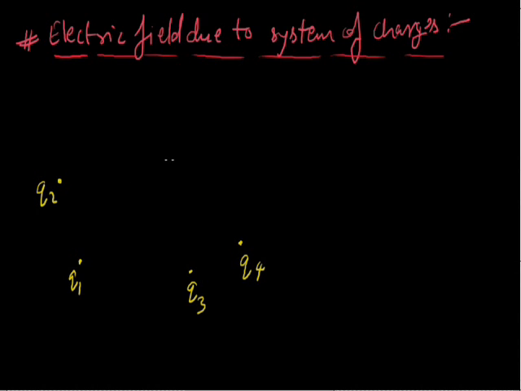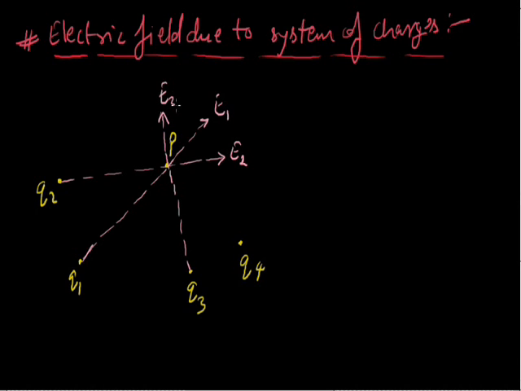And because of these charges, I need to find E at a given point P. All charges are positive, so we will define E1, E2, E3 first along the vector which is in the direction of the point P from the charge. So we have E1 vector, E2 vector, E3 vector and E4 vector.